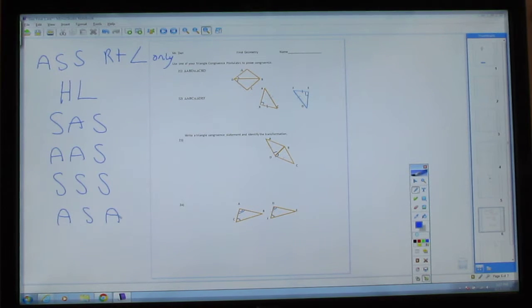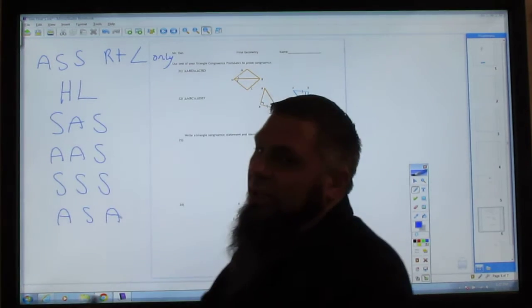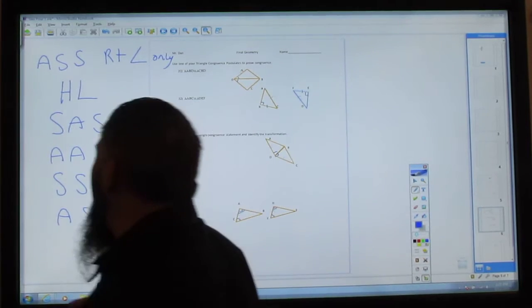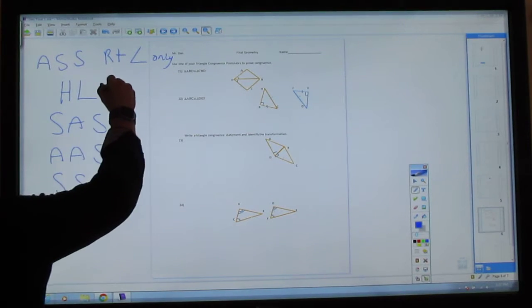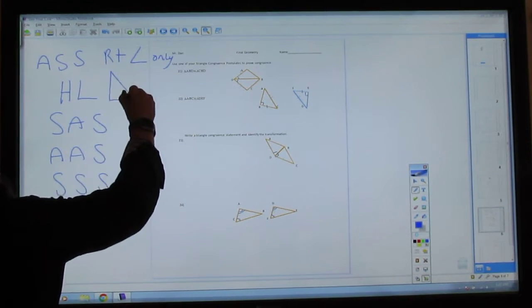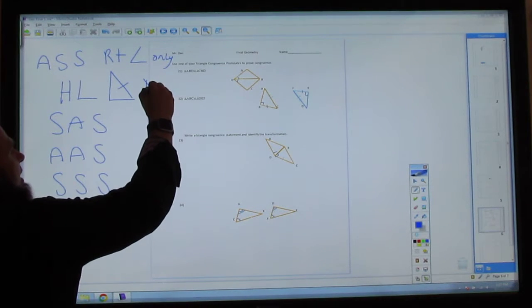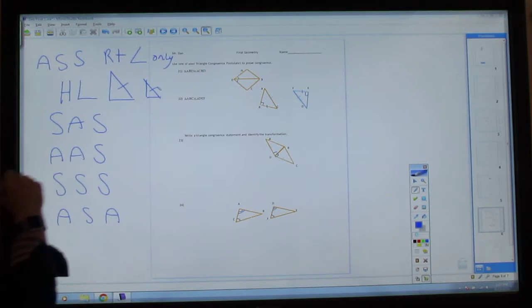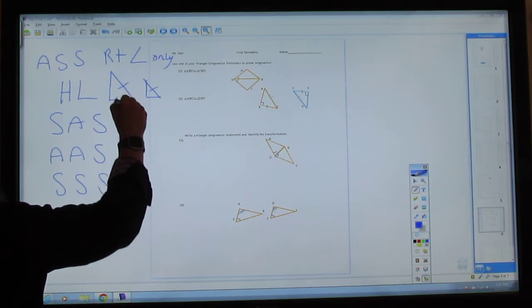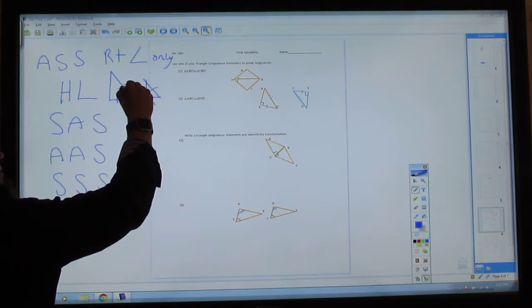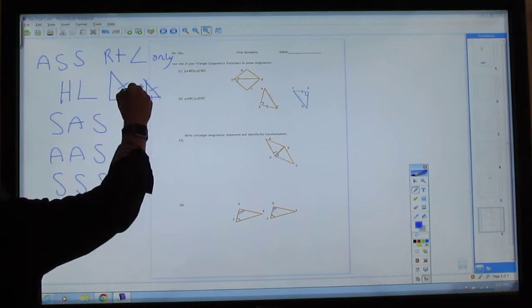What they're saying is, if the hypotenuse is congruent to another hypotenuse, then the two triangles are congruent. In other words, if this hypotenuse is congruent to this hypotenuse, and this leg is congruent to this leg, then these two are congruent.